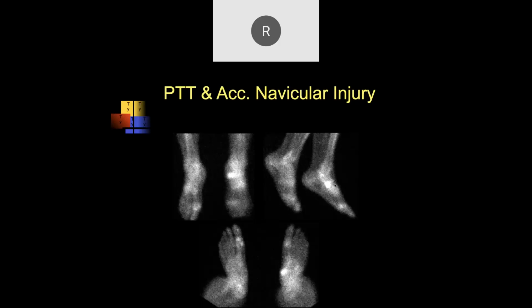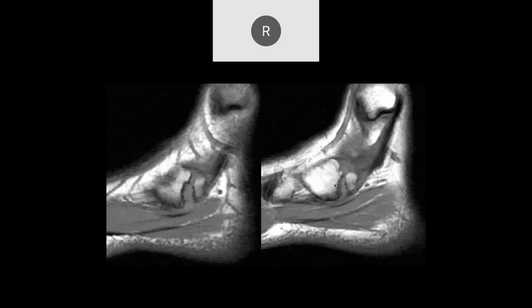Right. Okay. Oleg, this is another patient. I think it's a type 1 os navicular. Okay, good. So here's the posterior tibialis tendon. It's attaching to this bone, which appears to be retracted from the navicular here, right?